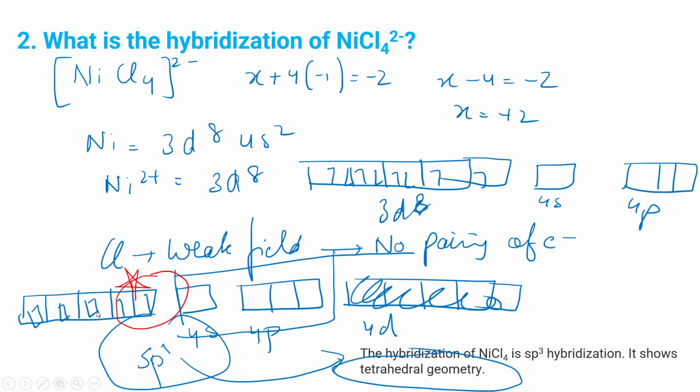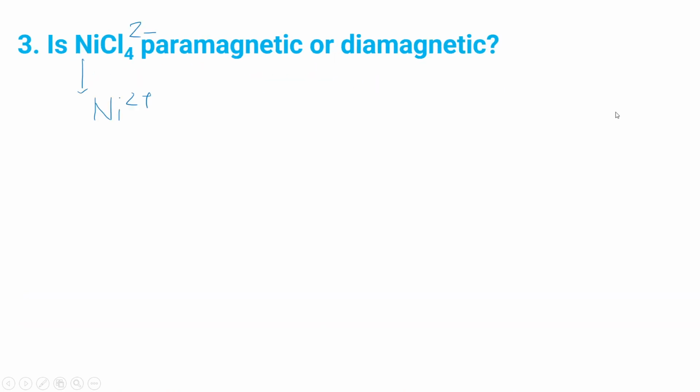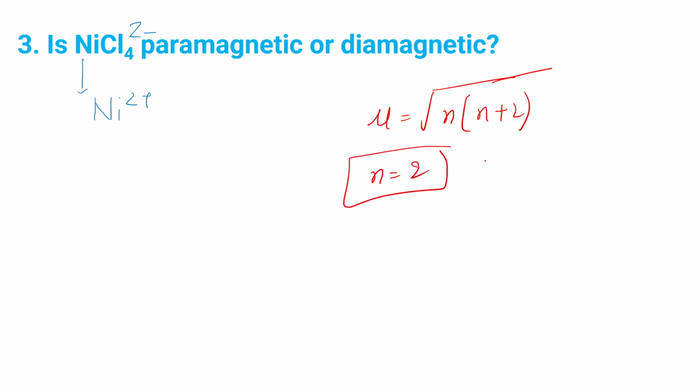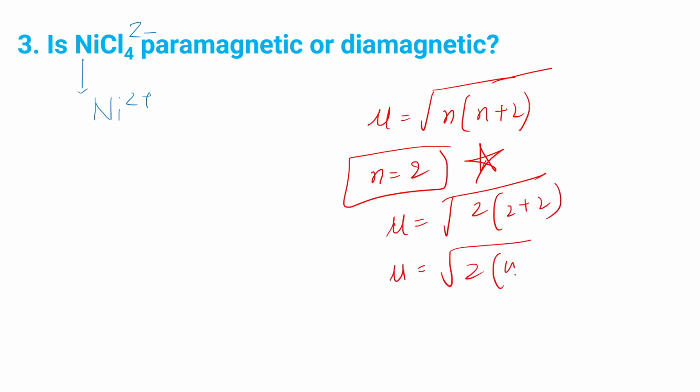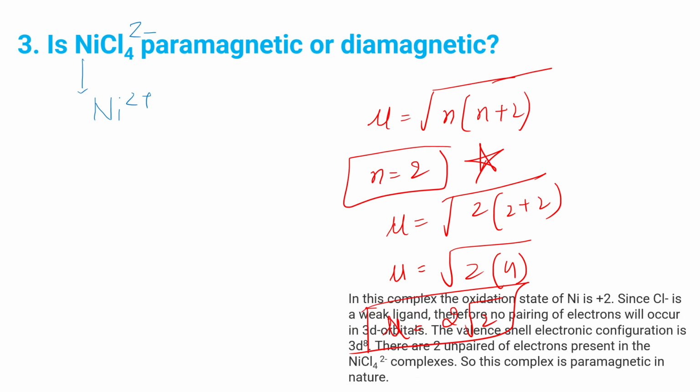Because we have 2 unpaired electrons, the species has some magnetic moment. We can calculate the magnetic moment by mu is equal to the square root of n into n plus 2, where n, the number of unpaired electrons, we saw is equal to 2. So the magnetic moment is the square root of 2 into 2 plus 2, which is the square root of 2 into 4, so it is 2 root 2. There are 2 unpaired electrons present in the nickel chloride, so the complex is paramagnetic in nature, as I said.